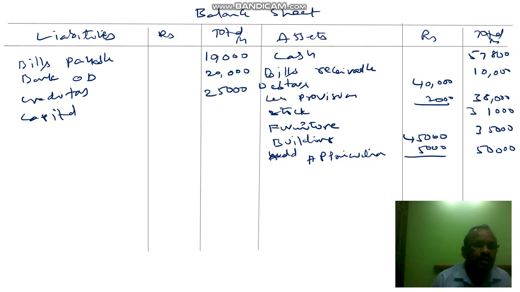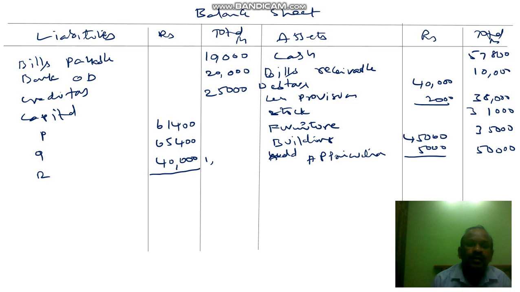Capital: P is 61,400, Q is 65,400, R is 40,000. Here the total is 1,66,800. Tallying the two sides, both are equal, that is 2,21,800.